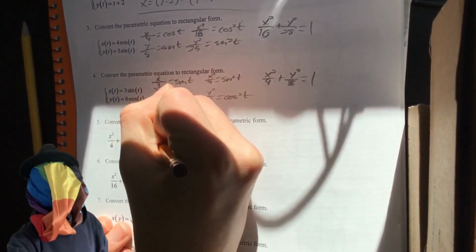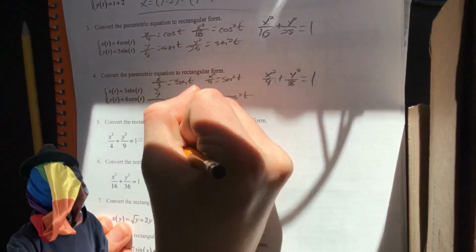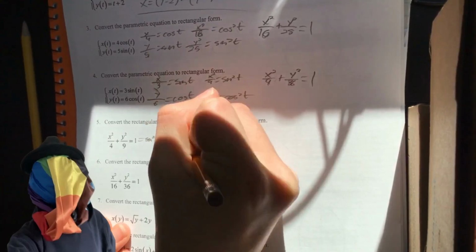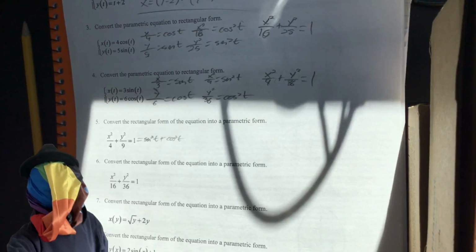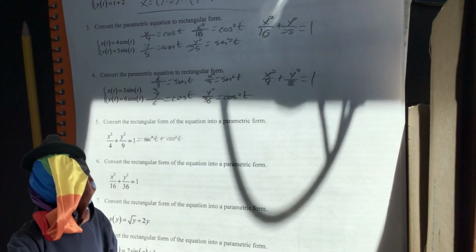Since 1 equals, we can have it equal sine squared t plus cosine squared t. And now technically, since these both cycle differently, it doesn't matter which one we assign to which.